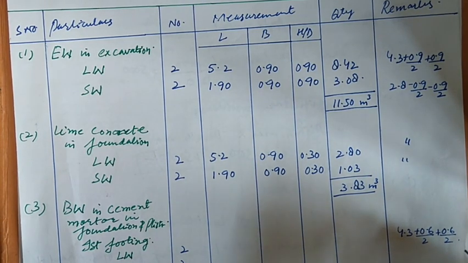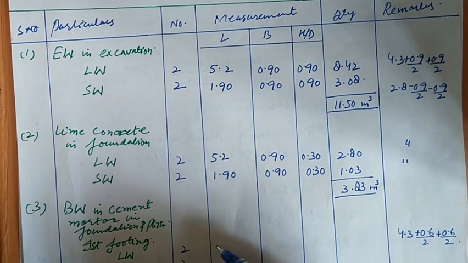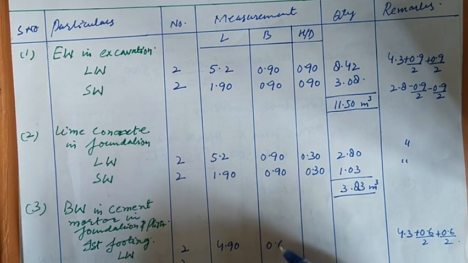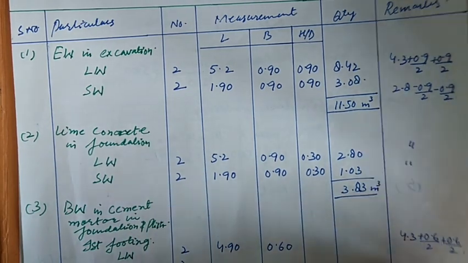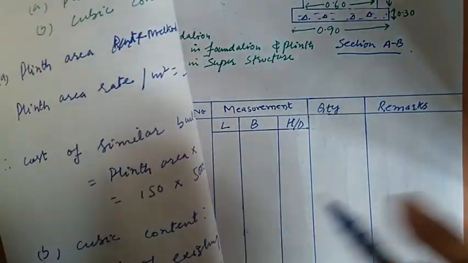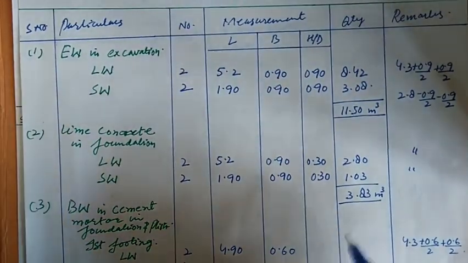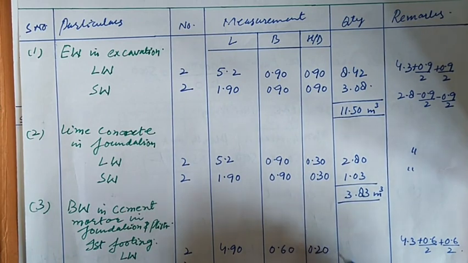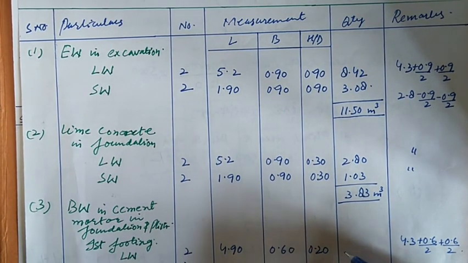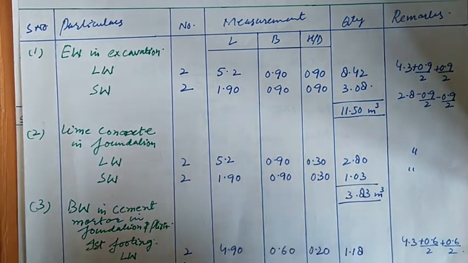So it will be 4.90. The breadth is 0.60. If we talk about the height, it is here, the height is 0.2. Then we can multiply it and it will be 1.18.